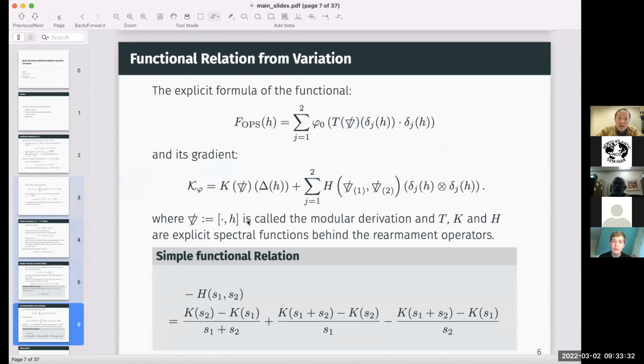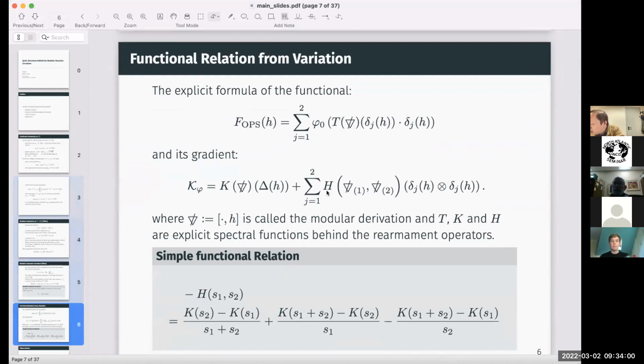Sorry, what is T then? This is explicit, I will explain. T, K, and H are some very concrete functions. At this stage you can think of T, K, and H as polynomials, and later I will give you the more detailed definition.